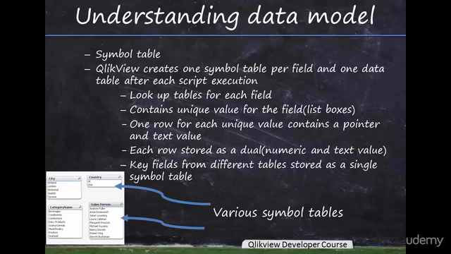in QlikView. We also need to understand that the key fields, which are the fields that associate one table with another, are obviously in multiple tables. Even though key fields are in multiple tables, the key fields are only stored once in QlikView's associative database.